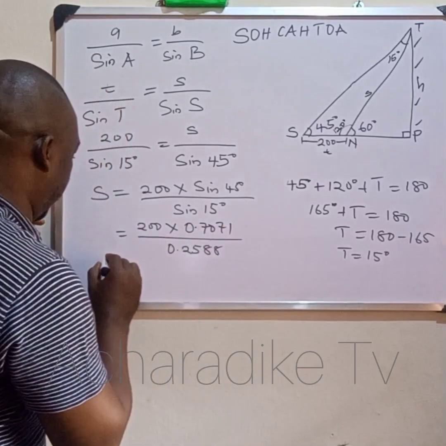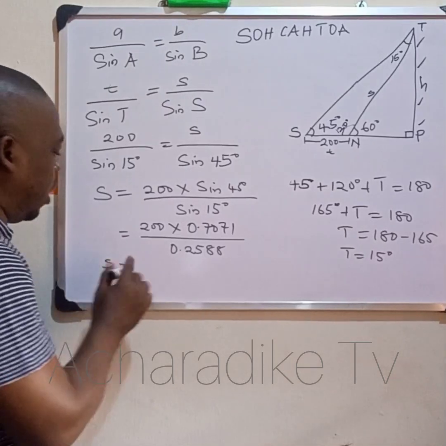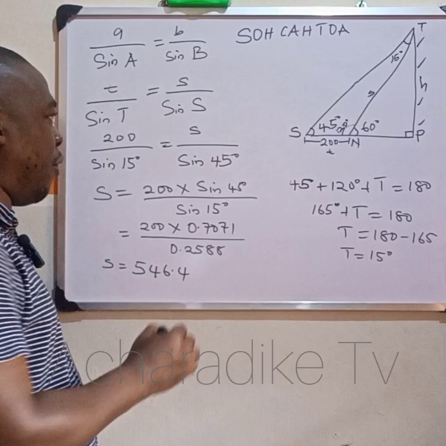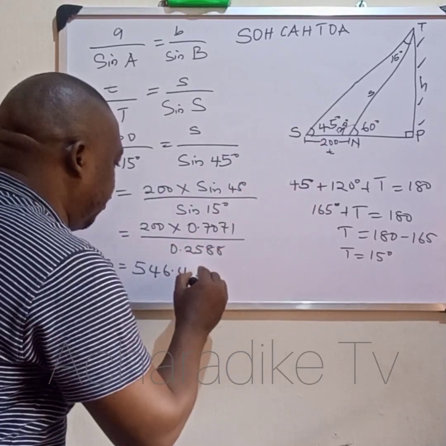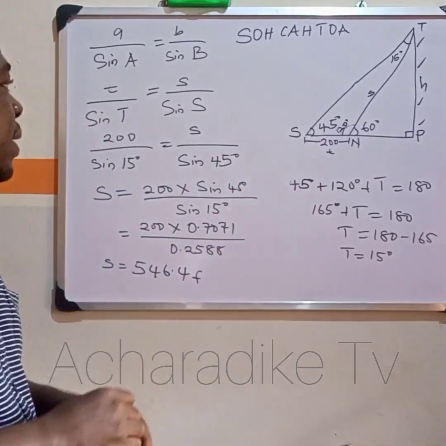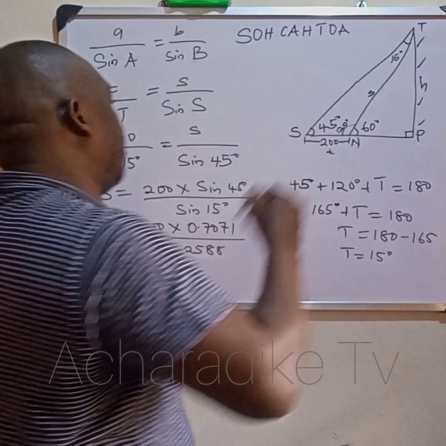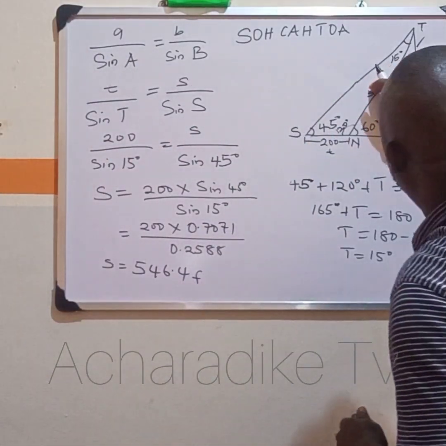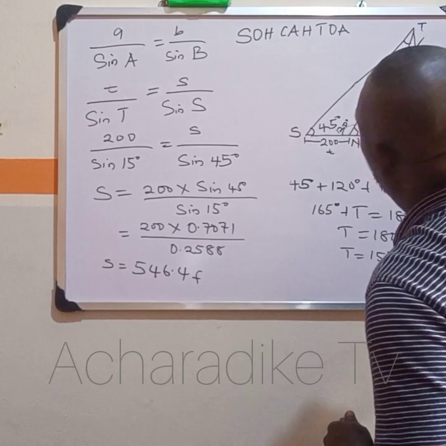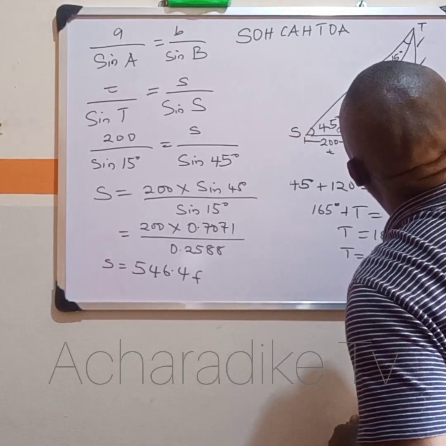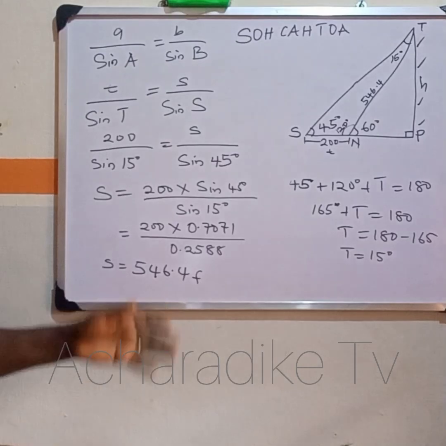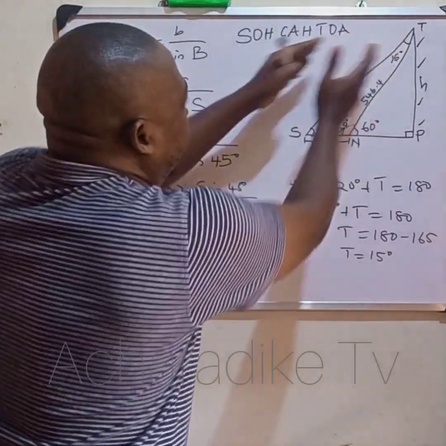So when you punch this, we'll have our small s be 546.4. Remember, it is in feet. So now the S is known. So I'm going to clean S and replace it with the value 546.4. Okay, at this point, we are done with this side.